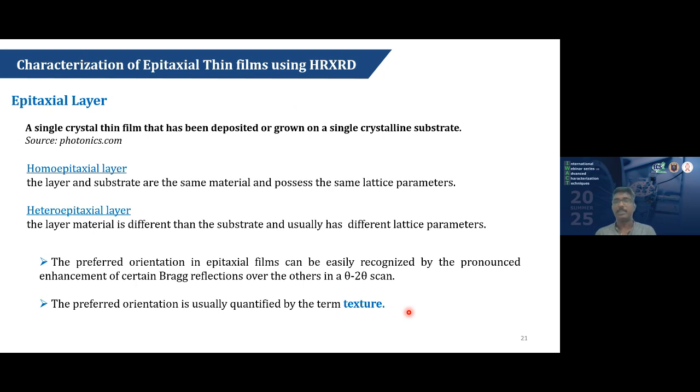The preferred orientation is usually quantified by the term texture. So what is meant by a texture? Texture is a measure of crystallographic orientation in a sample. For example, if we consider an ideal polycrystalline thin film, which has a large number of randomly oriented crystallites in all the directions, they have zero texture or a low value of texture, whereas in normal materials, grains or crystallites will prefer to be oriented in a certain particular direction.